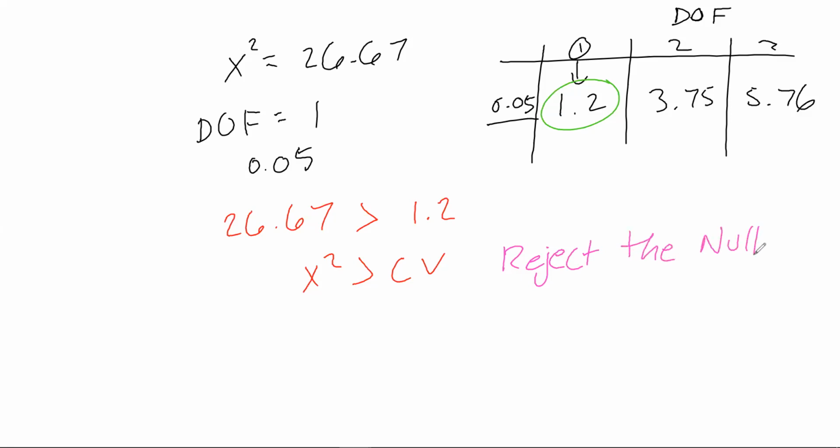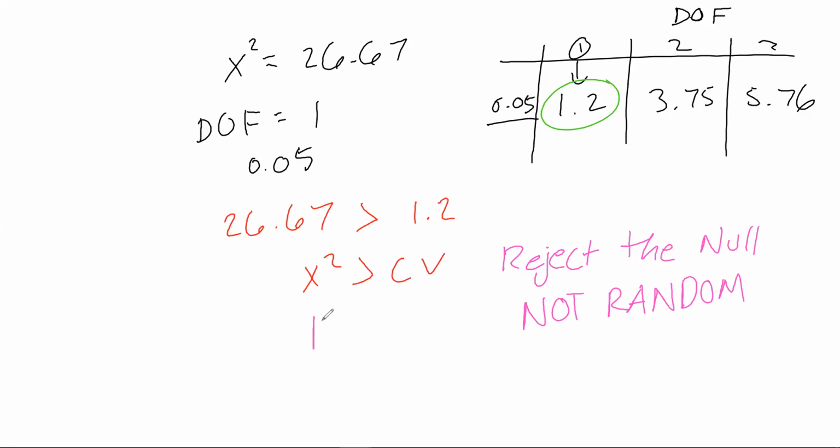Which means all our results are not due to random chance, and that means there is something else influencing our results.